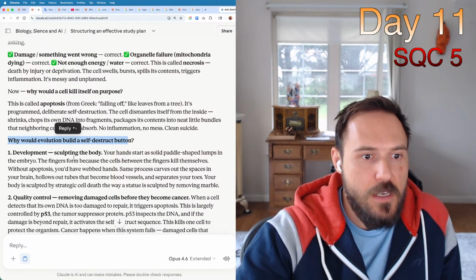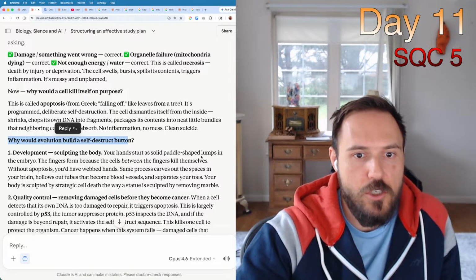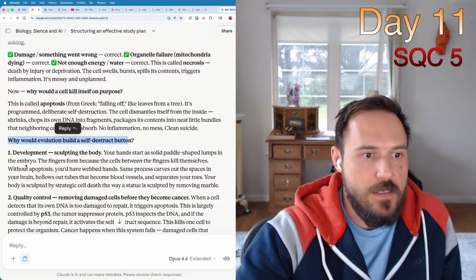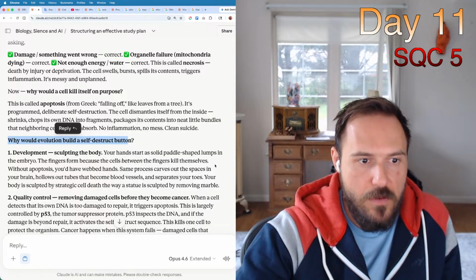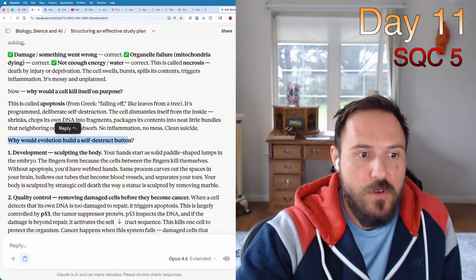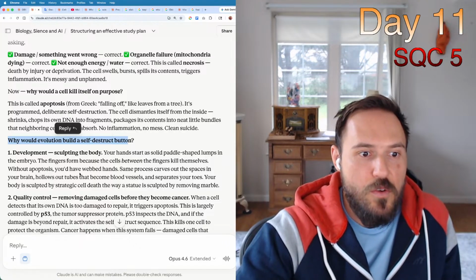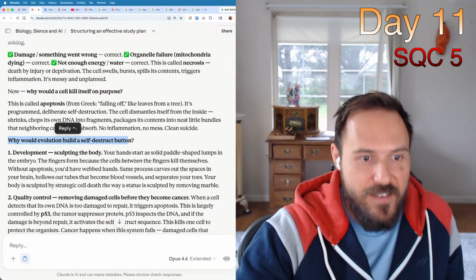Development. Sculpting the body: your hands start as solid paddle-shaped limbs in the embryo. The fingers form because the cells between the fingers kill themselves. Oh my god. Without apoptosis, you'd have webbed hands.